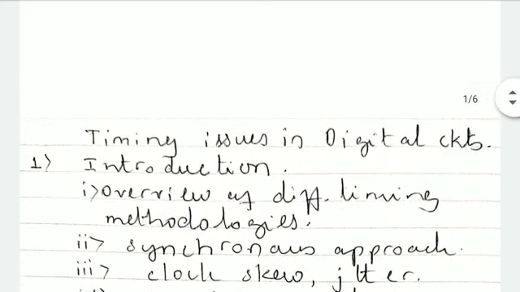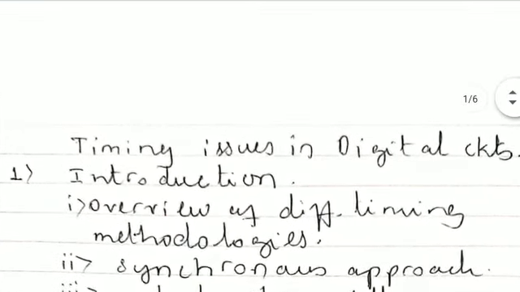Okay, now let me start with the introduction. Okay, all sequential circuits have one property in common. A well-defined ordering of the switching events must be imposed if the circuit is to operate correctly. If this were not the case, okay, wrong data might be written into the memory elements. What will happen then?